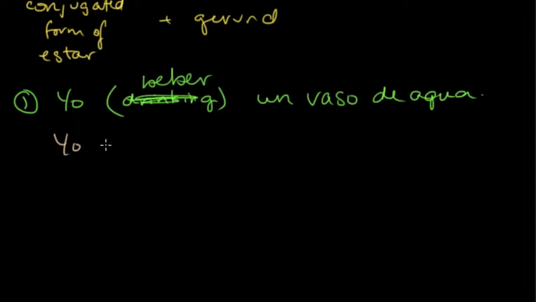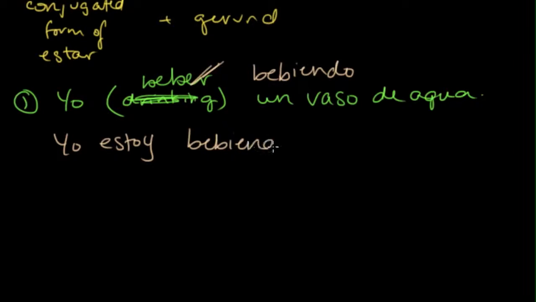For yo, that form is estoy. And then we have our gerund of beber. To form our gerund, we're going to start with our infinitive right here, drop the infinitive ending, and add yendo. So we have bebiendo. Yo estoy bebiendo un vaso de agua. I am drinking a glass of water. Right now, I'm drinking a glass of water.